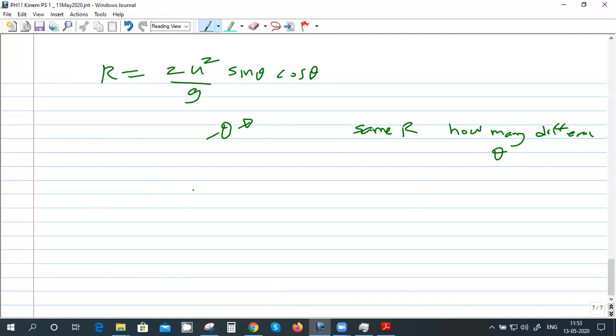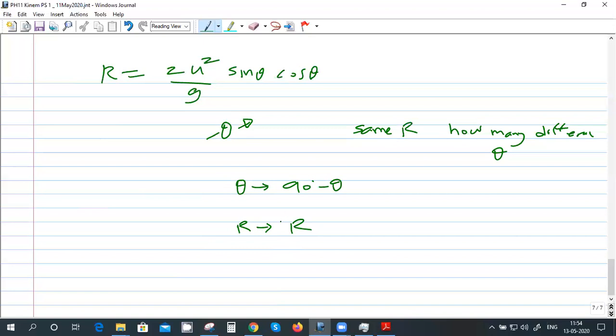Any idea? Sin theta cos theta, right? So if you replace theta by 90 minus theta, will the range change? No, sir, because sin of 90 minus theta becomes cos theta, and cos of 90 minus theta becomes sin theta.